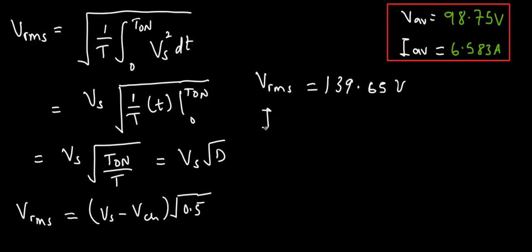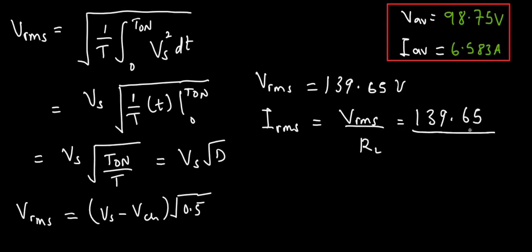And of course, our IRMS is the same thing as VRMS over R load, which gives 139.65 over 15. IRMS is equal to 9.3 amps.